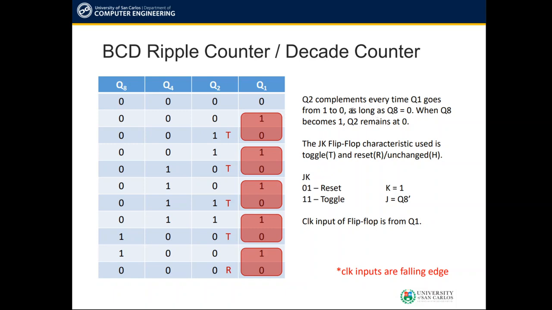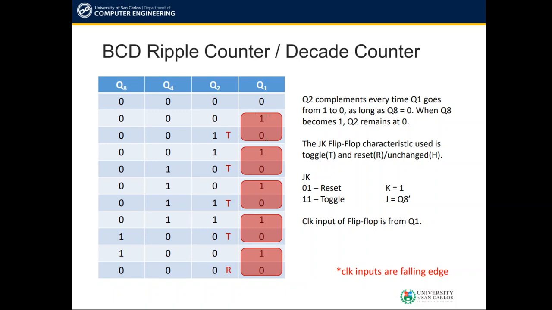And then based on the definition, as long as Q8 is 0, when Q8 becomes 1 around this time, Q2 remains 0 here. So we just observe the characteristics of Q2 with respect to Q1.